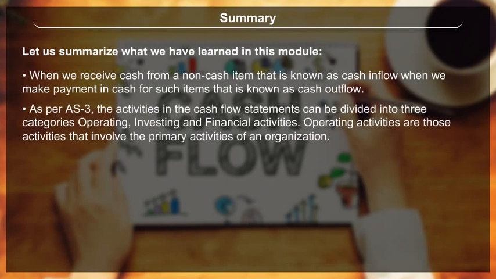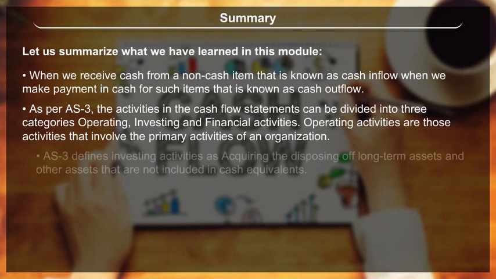As per AS3, the activities in cash flow statements can be divided into 3 categories: operating, investing, and financial activities. Operating activities are those activities that involve the primary activities of an organization.